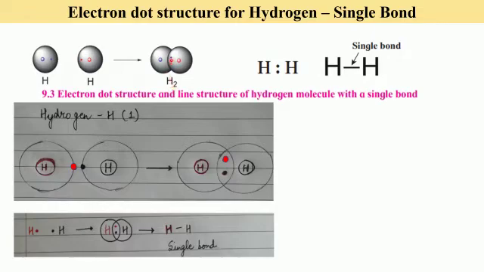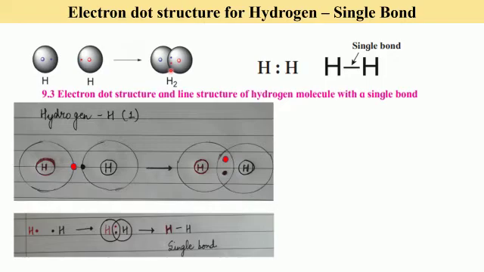Now you can see that the two electrons that were there in the valence shell, one each in hydrogen here, they both have shared their electrons, and now these two electrons here are a common property for both the hydrogen atoms.